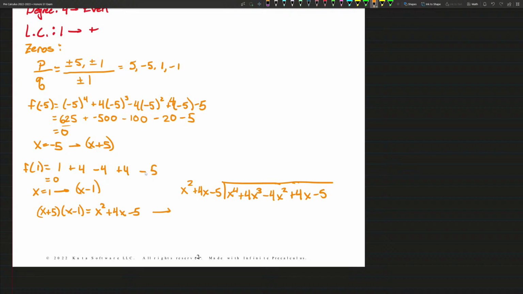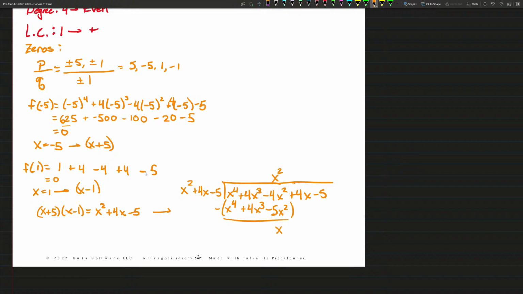So in order to do long division, we do x squared into x to the 4th. That goes in x squared times. X squared times x squared is x to the 4th. 4x times x squared is x cubed. Negative 5 times x squared is negative 5x squared. Or subtracting all that stuff.